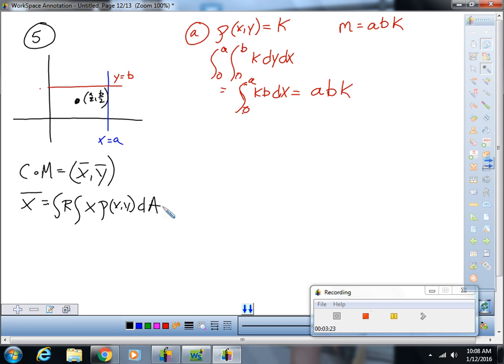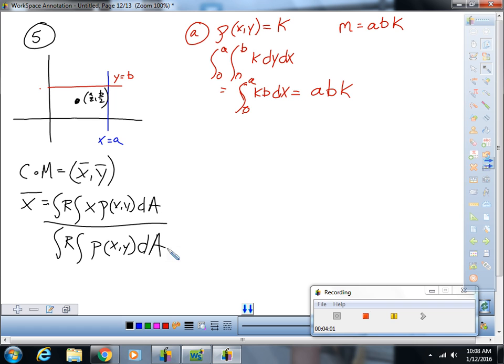So basically, oh, we're not done yet. The density in this one is constant. I am giving you the general equation on how to find x bar. Then I take that and I divide it by the mass, just like in my example over here on the board. My example from the Blackboard site. Well, what's my mass? It's almost the exact same looking thing. So that is how I find my x bar.